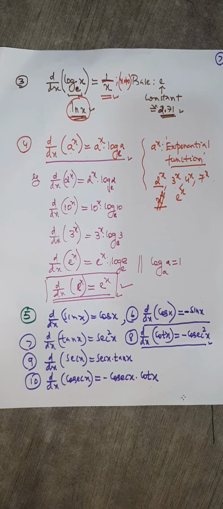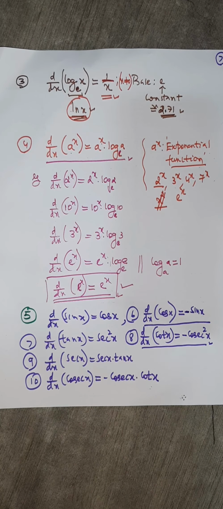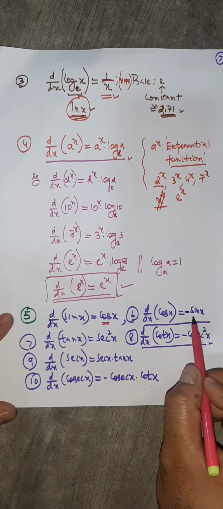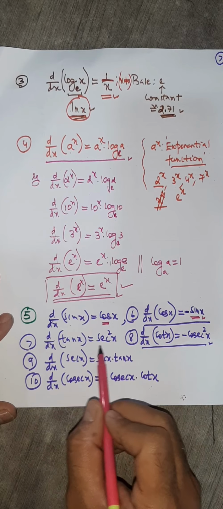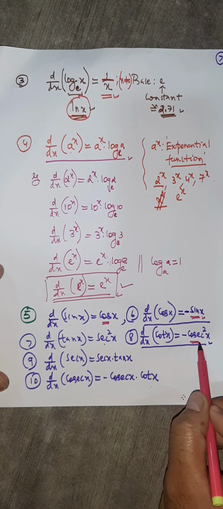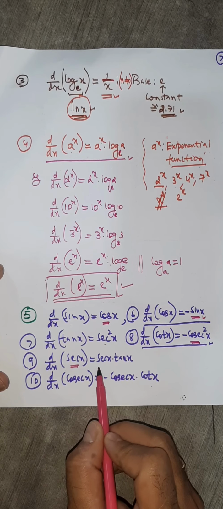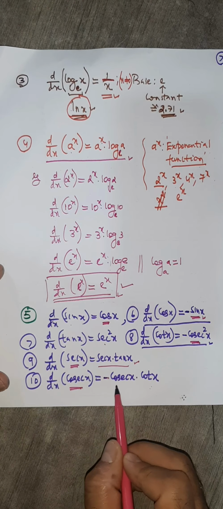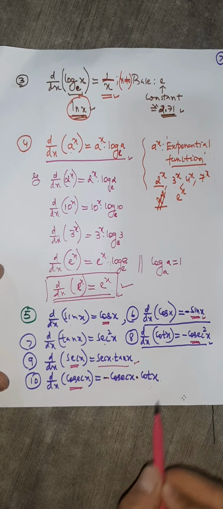These are the standard trig functions, 6 functions. I repeat: the derivative of sine is cos, the derivative of cos is minus sine, the derivative of tan is sec square, the derivative of cot is minus cosec square, the derivative of sec x is sec x into tan x, and the derivative of cosec x is minus cosec into cot.